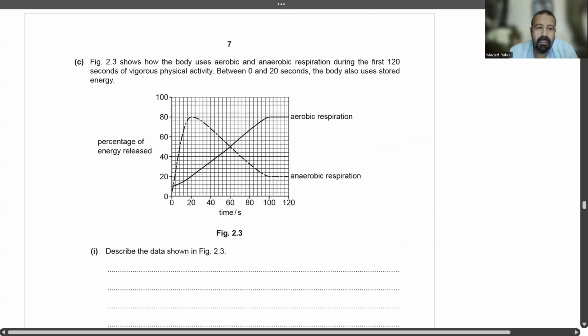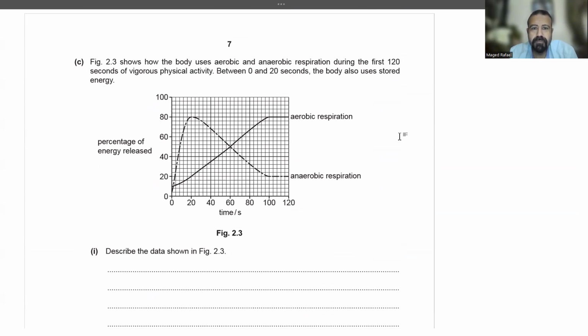Less oxygen, don't talk about the structure of the red blood cell. Less oxygen, not less hemoglobin. You got it? Less oxygen will be delivered to the respiring tissue because hemoglobin is found, but the binding between hemoglobin and oxygen is what got affected. So you will say less oxygen to be delivered.